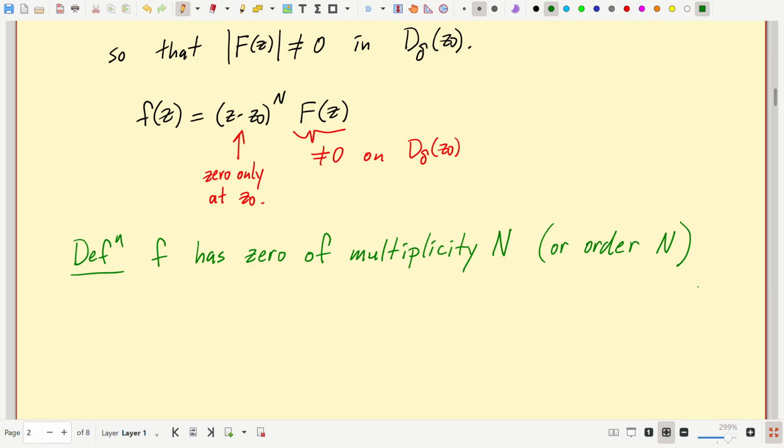And it means that in the power series, exactly, the first non-zero term is A_n. So it has a 0 of multiplicity n at z naught.